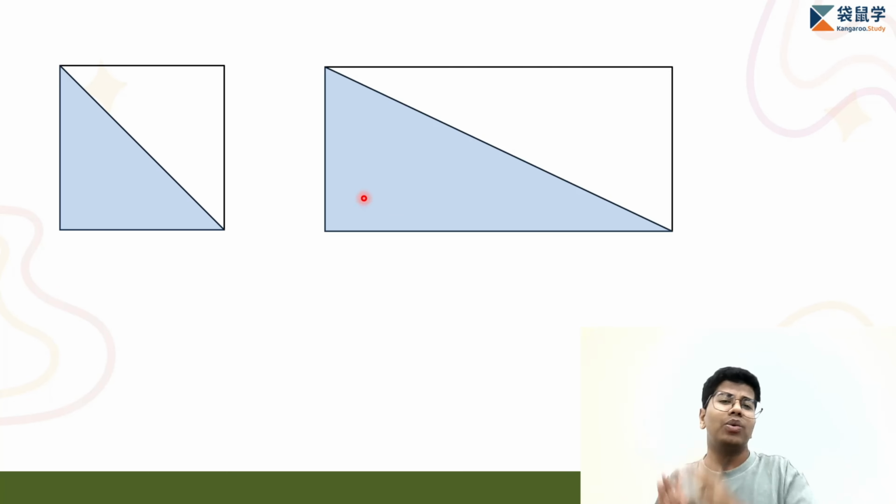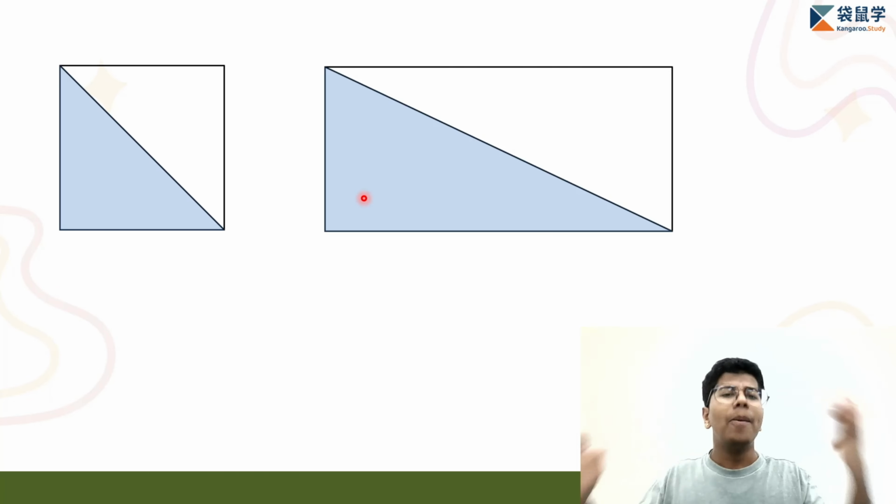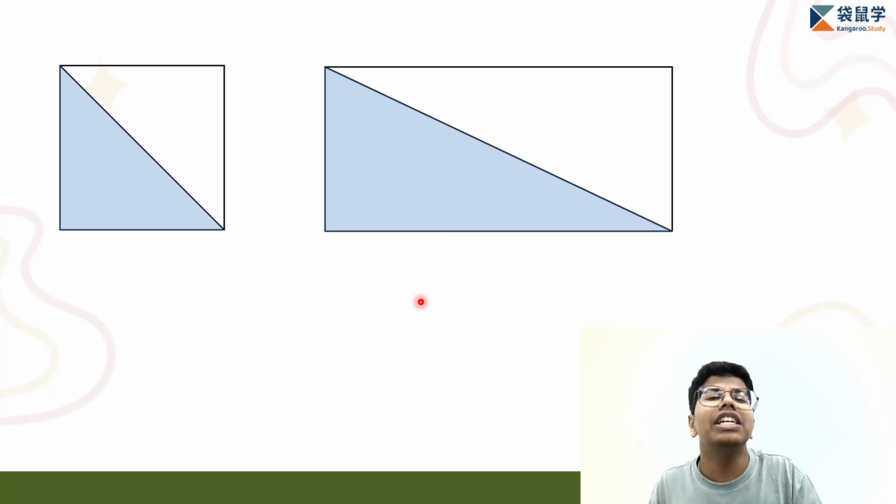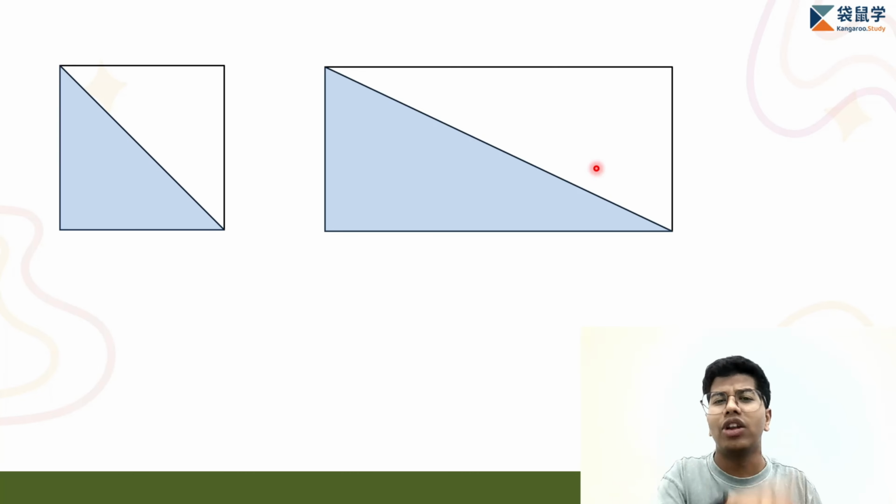Now this is something which we call the half model, where if there is a diagonal that passes through the square or the rectangle, the shaded region on one side of the diagram is half of the entire figure. Now it's only applicable for squares and rectangles.